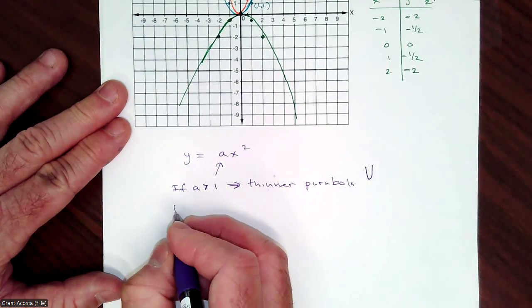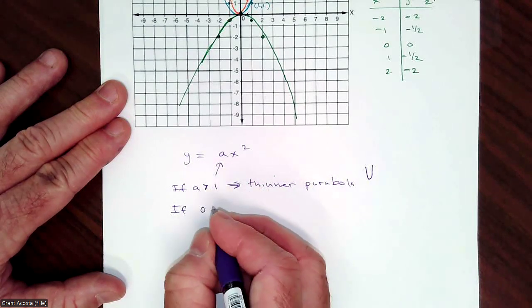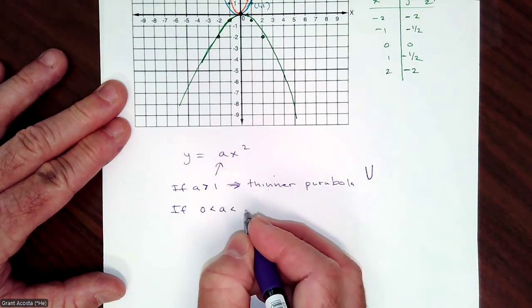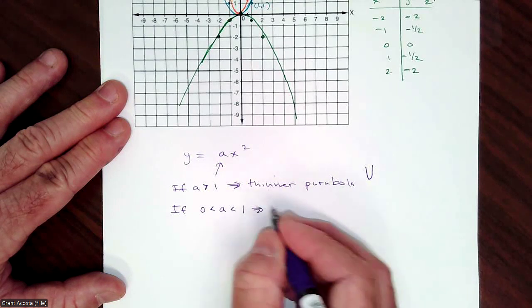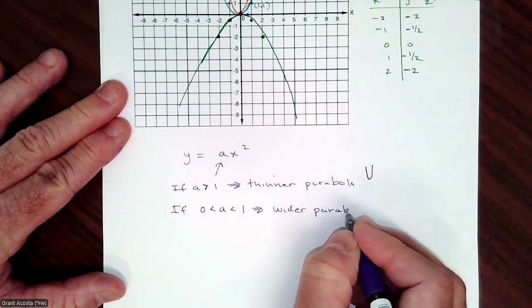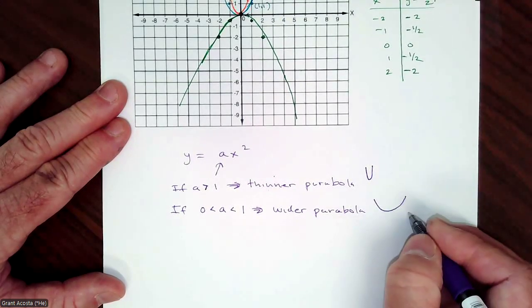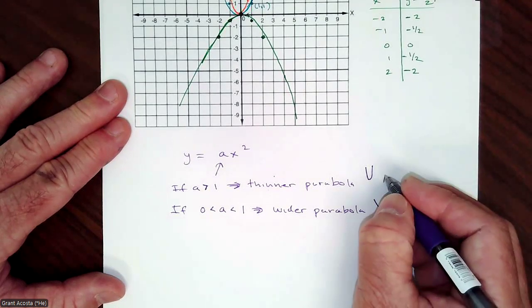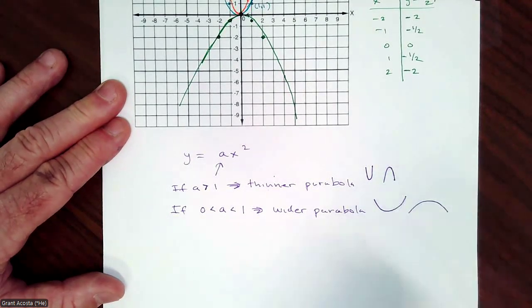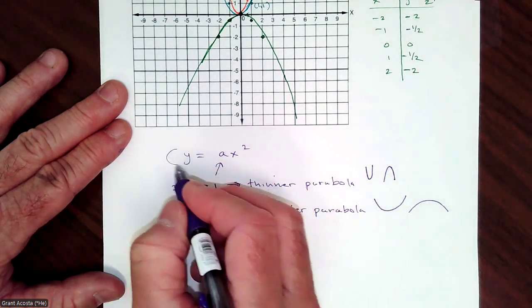But I want to say a fraction that's less than 1, but it's got to be bigger than 0. So if a was something between 0 and 1, it's going to make a wider parabola. So it's going to look more like this. Whether it's up or down, right? It could be the same thing for this one. You could have a very narrow, steep one that opens downward. Okay, so that's what the number in front does.